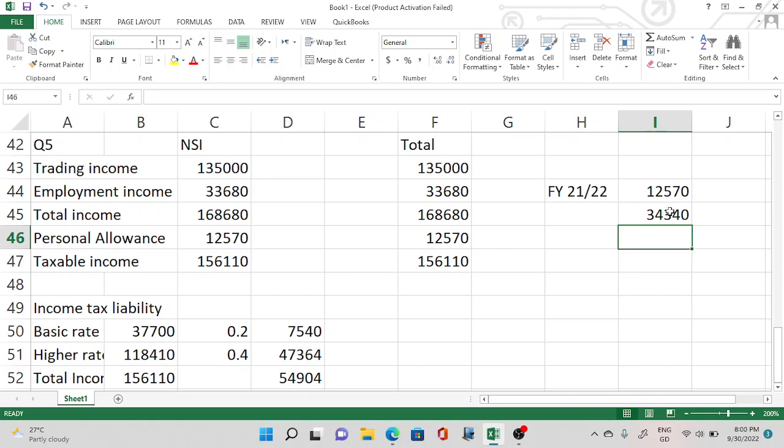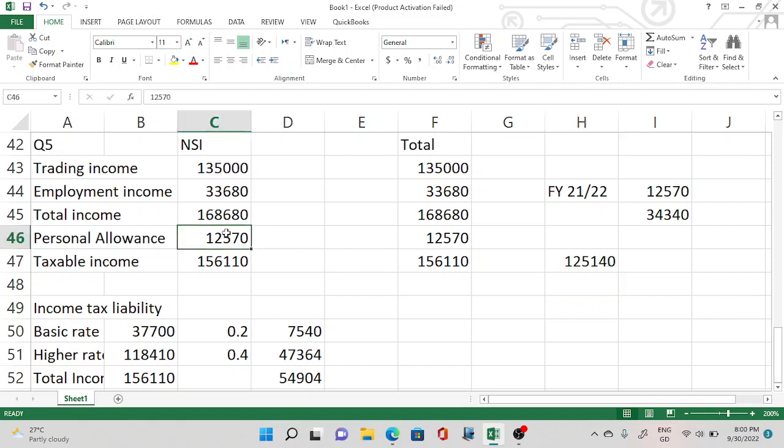One thing let me tell you, whenever you get an answer like more than 12,570, that thing is given in the tax table as well, that if your income is more than 125,140, personal allowance would be zero.